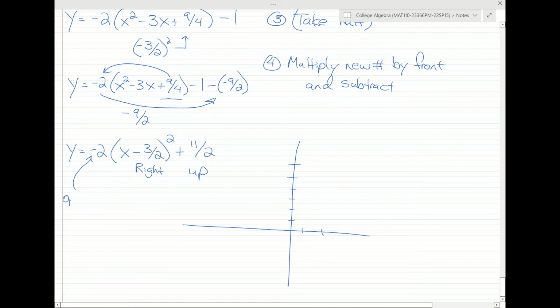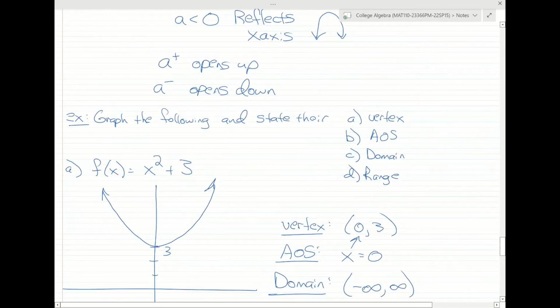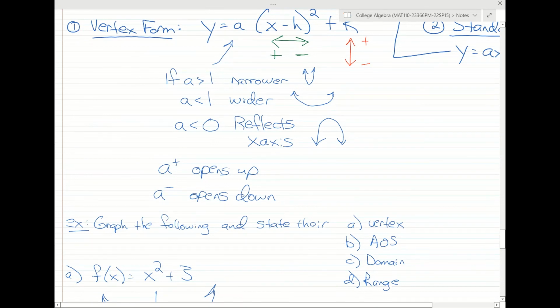Open down. It'll look like this. And then the 2 is bigger than 1. Look at your notes. What do we say happens if the number in front is bigger than 1? Bigger than 1, it gets narrow.